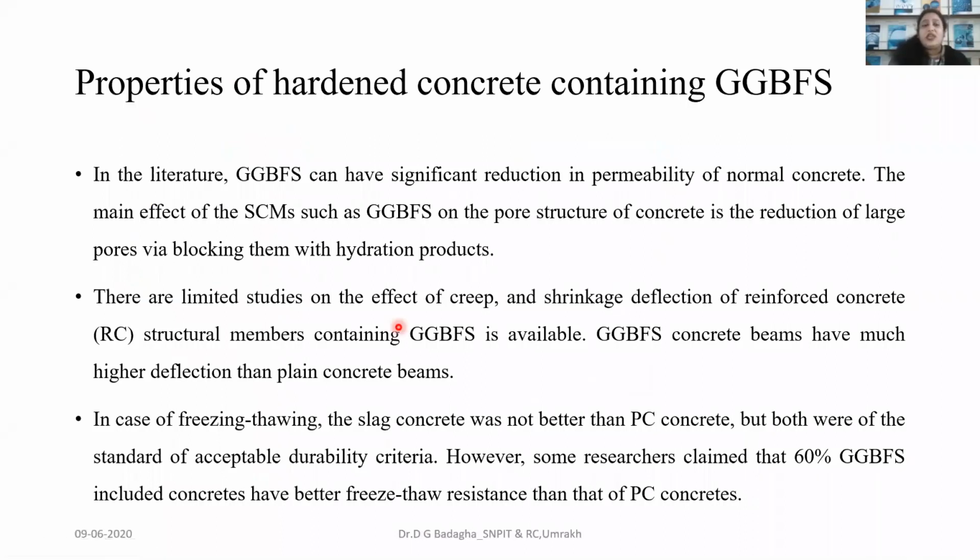The main effect of that material on the pore structure of concrete is the reduction of pores by blocking them with the hydration product that you can already see in the SEM image. Because it is having good bonding, our material is not that much porous. So we can say that there is less permeability, our concrete will be durable.